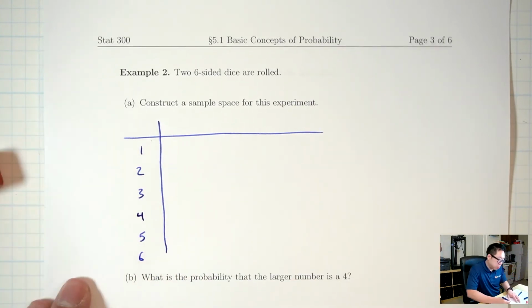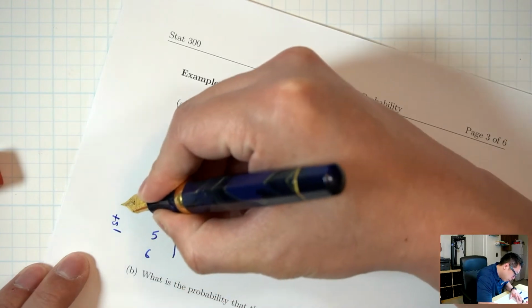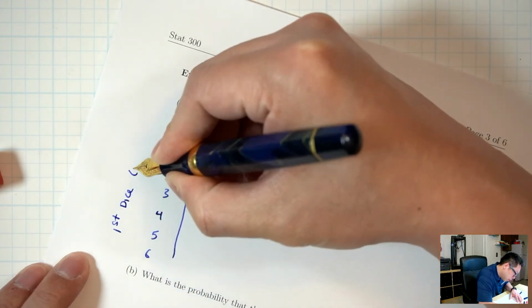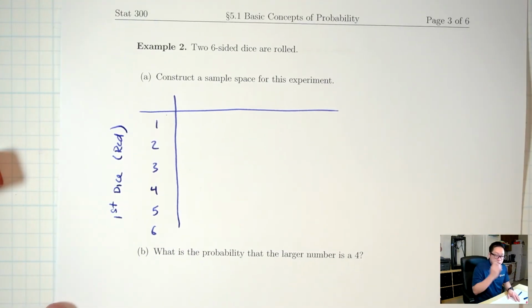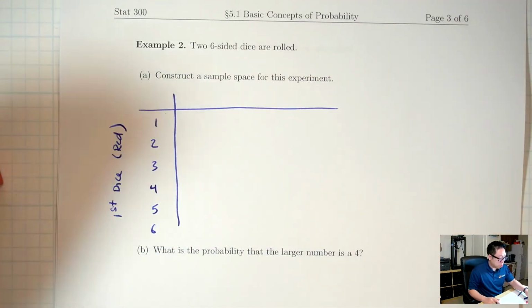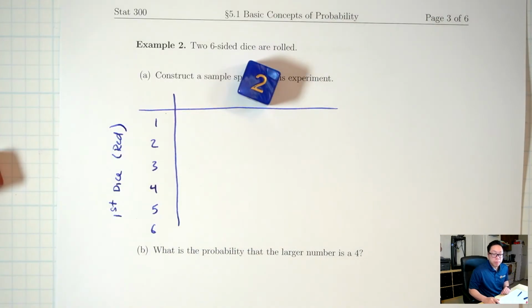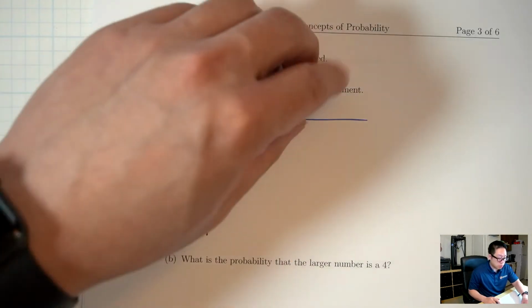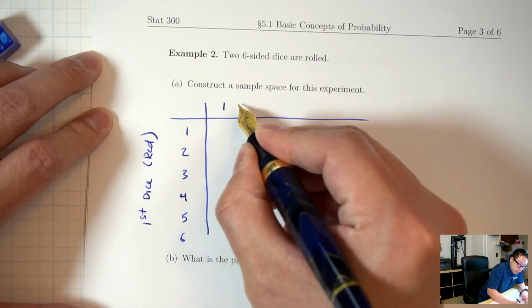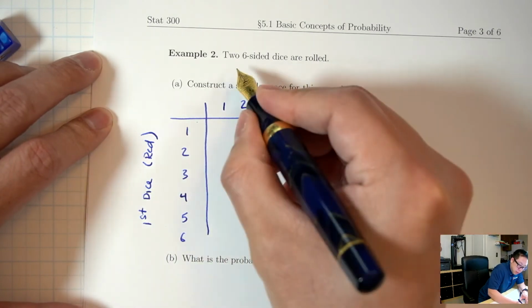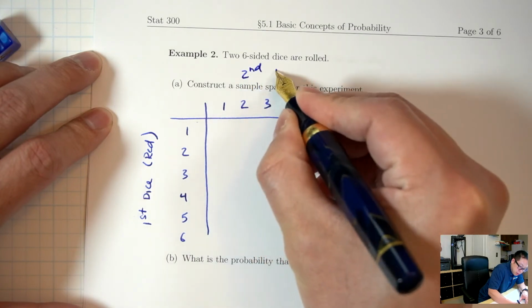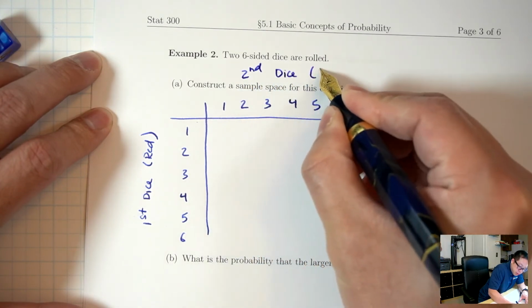This is my first dice, in this case the red one. And then along the horizontal, the top, I'm going to list what could happen on my other dice. It's also a 6-sided dice, so I could get a 1, 2, 3, 4, 5, 6 also. This is my second dice, in this case the blue one.